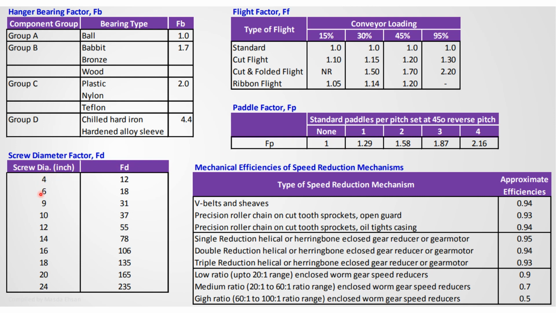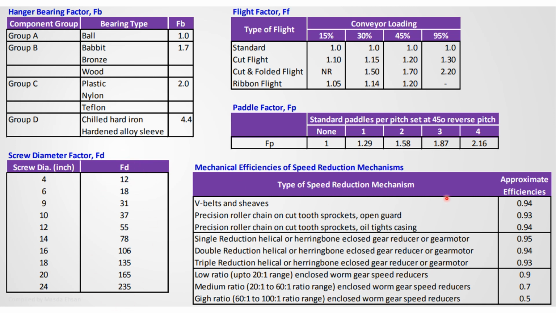Then depending upon the screw diameter, there is a factor called FD. That is the reason why whenever you design a screw, always take the screw diameter from the predefined category. Don't take 4.5 or 5 inch or 7.5 inch.